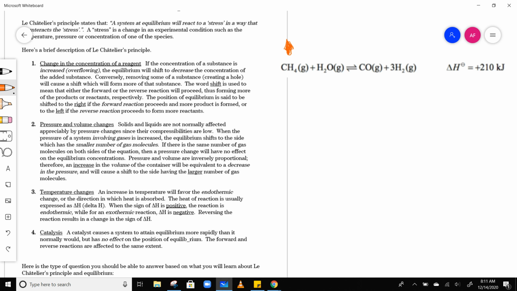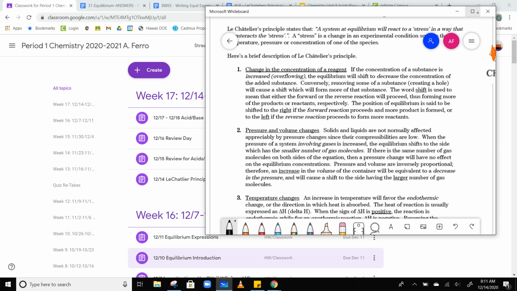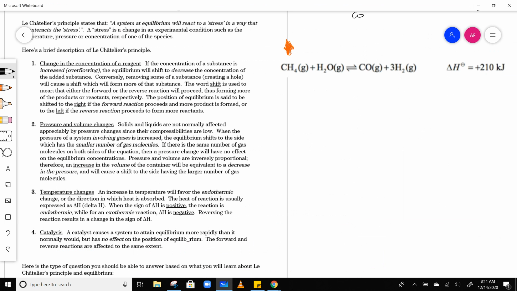Okay, if you think about it here, the equilibrium expression would be CO. Oops, let me write it down. So the equilibrium expression here would be products over reactants: the concentration of CO times the concentration of H2 to the third, over the concentration of CH4 times the concentration of H2O.